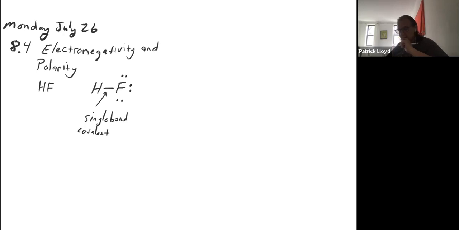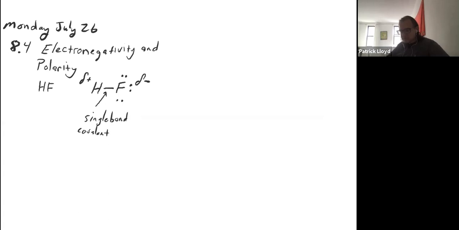It turns out if you study this molecule, you will find that it has a small negative charge near the fluorine atom and a small positive charge near the hydrogen atom.